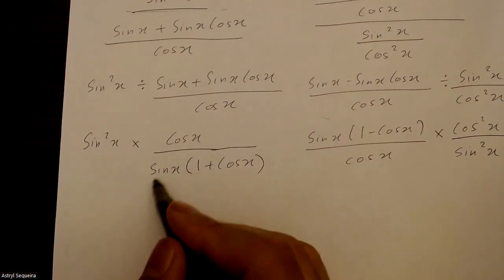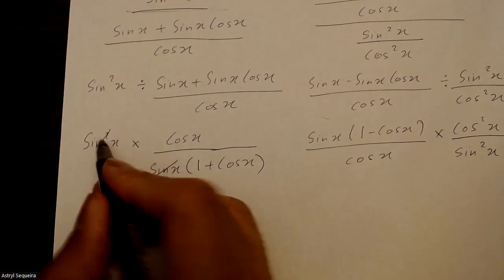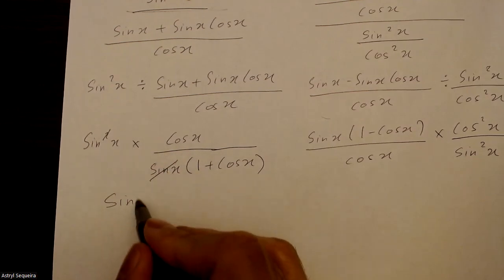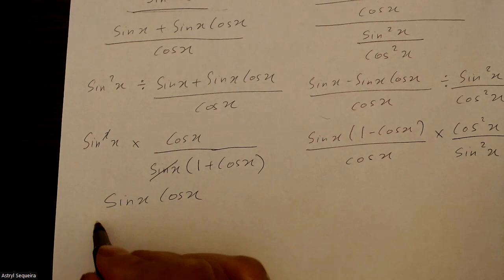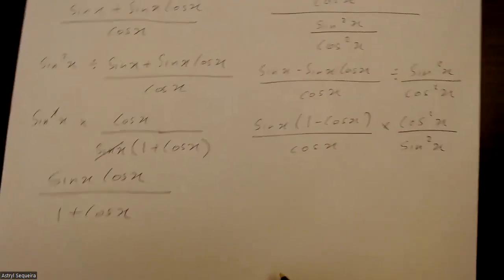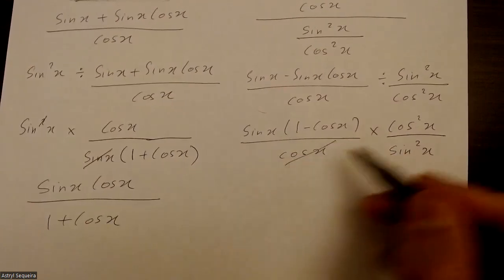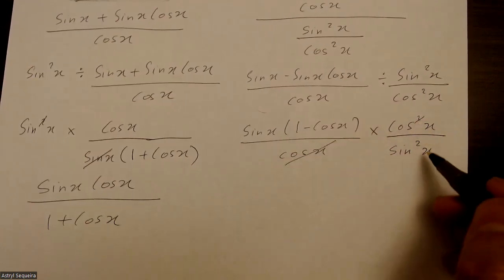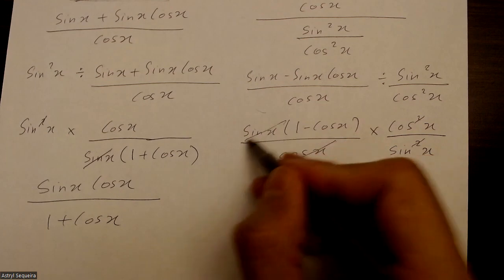Next thing I want to do is cancel. Sine can cancel with squared. So I just have sine x cos x over 1 plus cos x. And over here, I can cancel this cos and this square, and cancel this square and this sine.